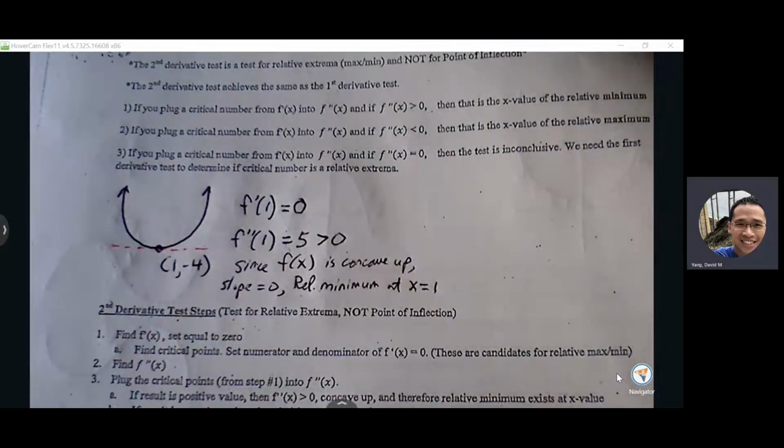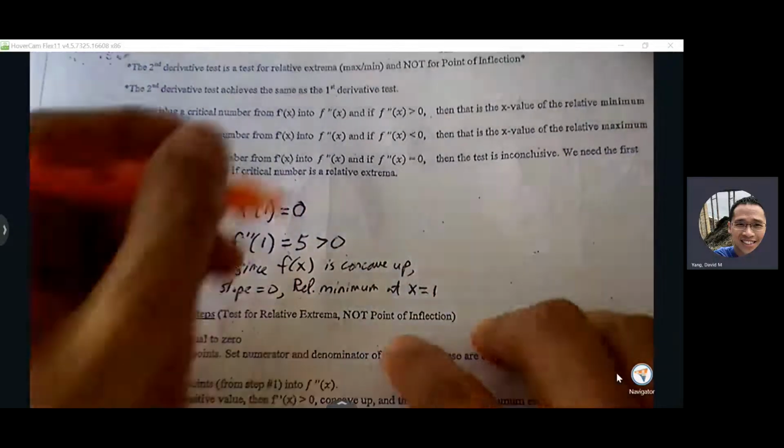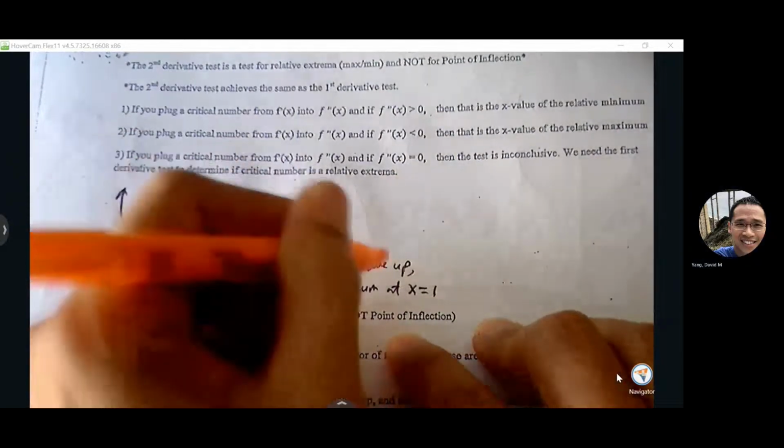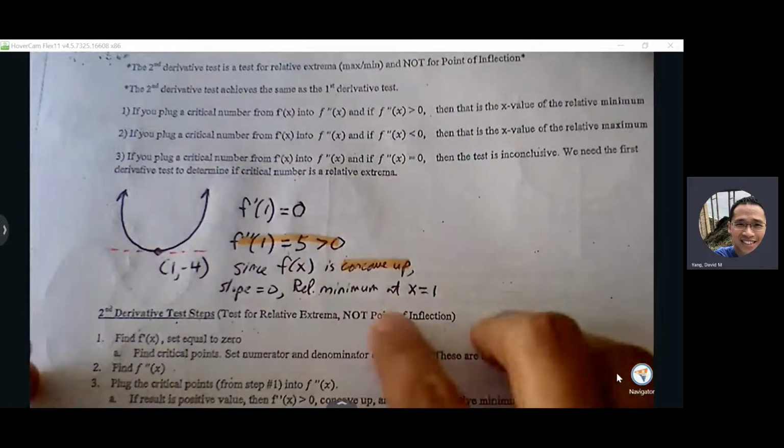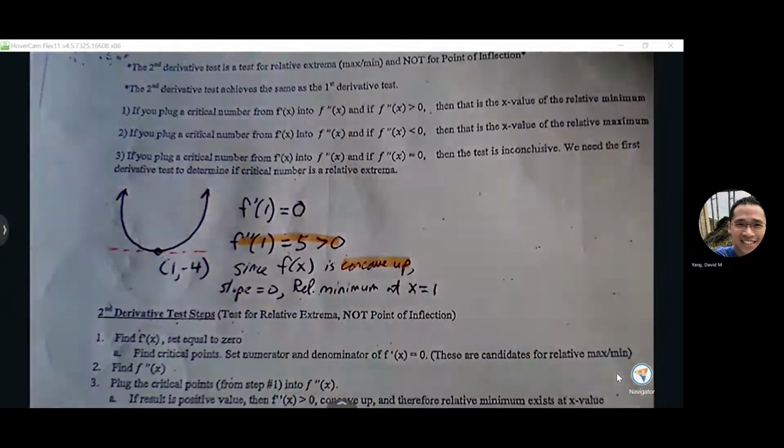So that's the conclusion that we can make, because if you combine slope 0 and concave up, there's no choice but for that point to be a relative minimum. Does that make sense? Okay.